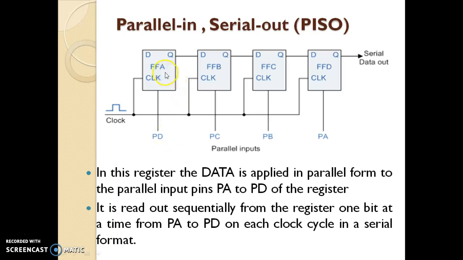Once the data is input in parallel, it can be taken out serially from one flip-flop to the other, that is QA, then QB, then QC and QD. In this manner, the data is available at the output in a serial fashion. So this is a parallel in serial out shift register.